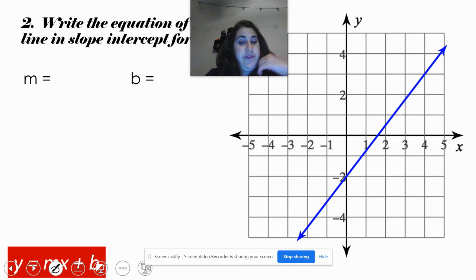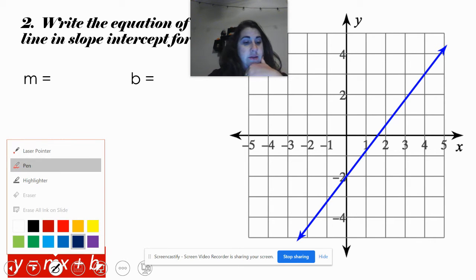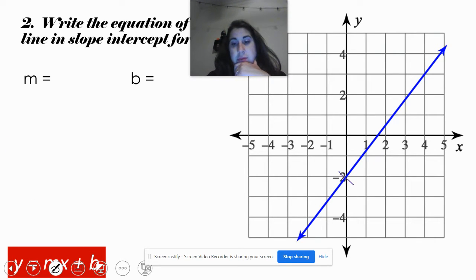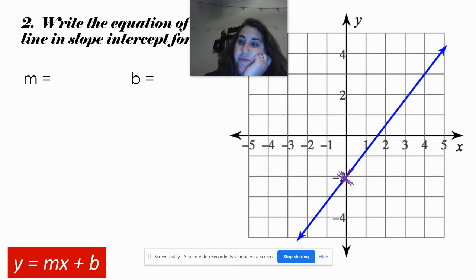So I need to find 2 perfect points. There's one right here because that crosses the line. And let's see, right here, at the coordinate point 4, 3.